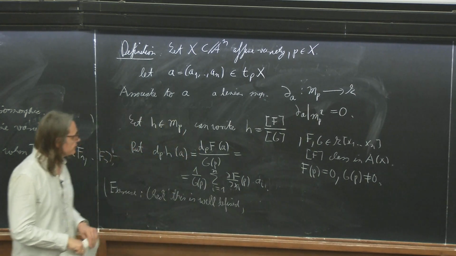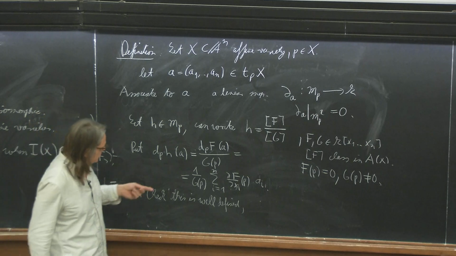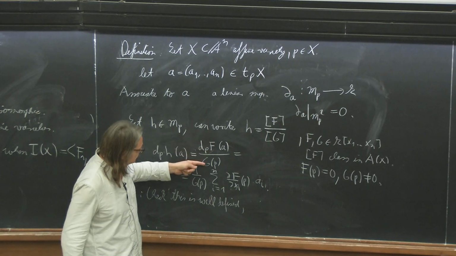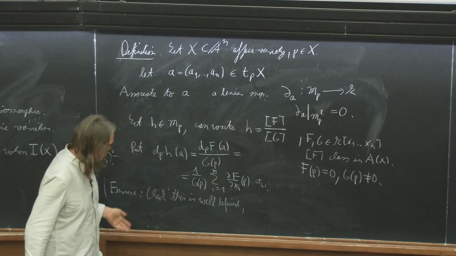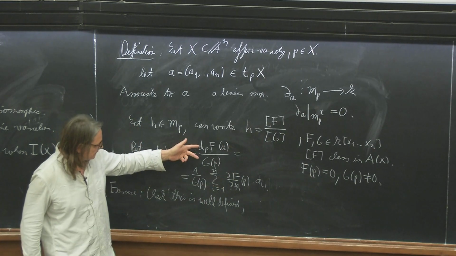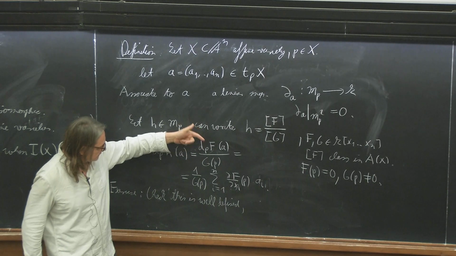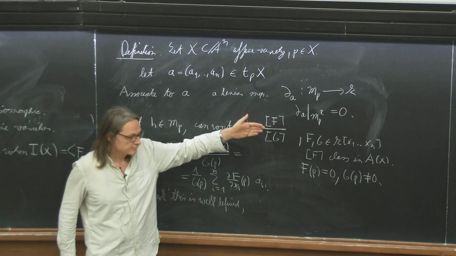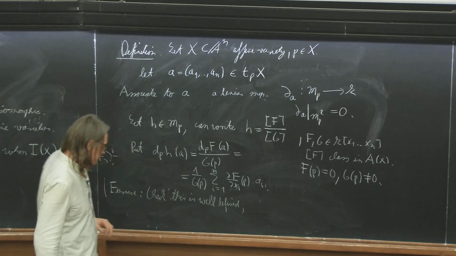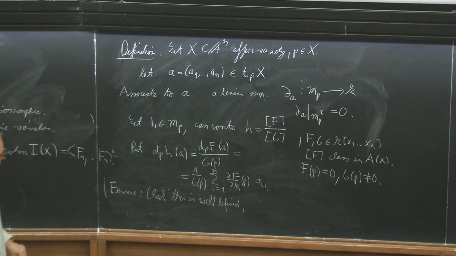This means two things. For one thing, it doesn't depend on the polynomials f and g, but only on their classes in AX. And it is also okay with the equivalence relation, since one can write a quotient in different ways, because quotients are equivalence classes of pairs. So first one wants to check this is well defined.